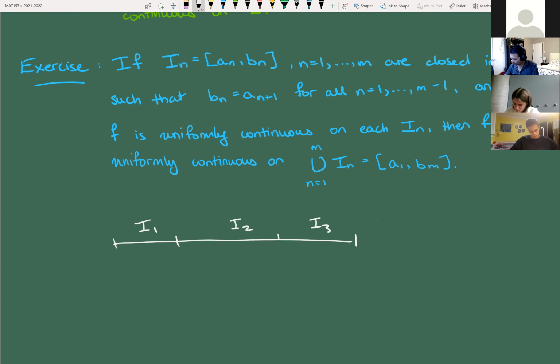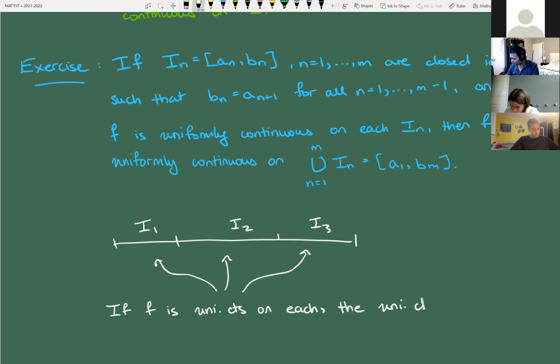So being uniformly continuous on each, then it's uniformly continuous on everything. And I'm getting a little bit lazy and writing like UNICTS because I don't want to write uniformly continuous every single time, but hopefully it's clear what that means.